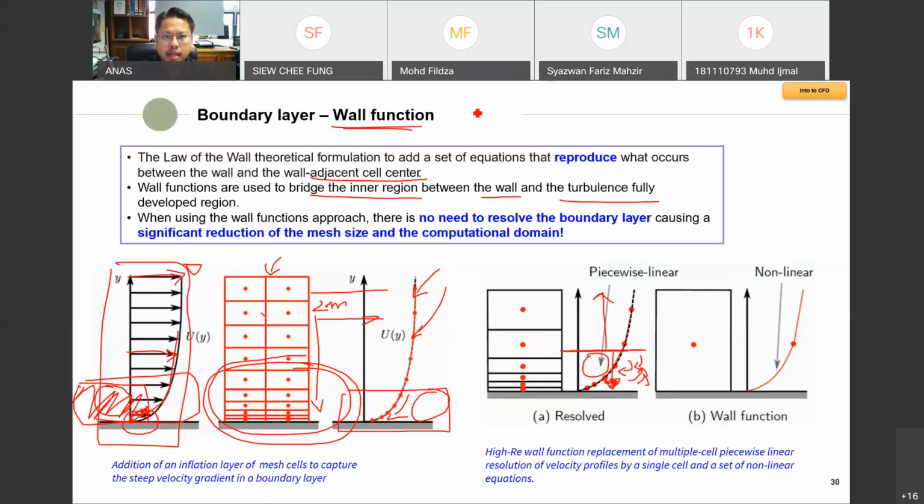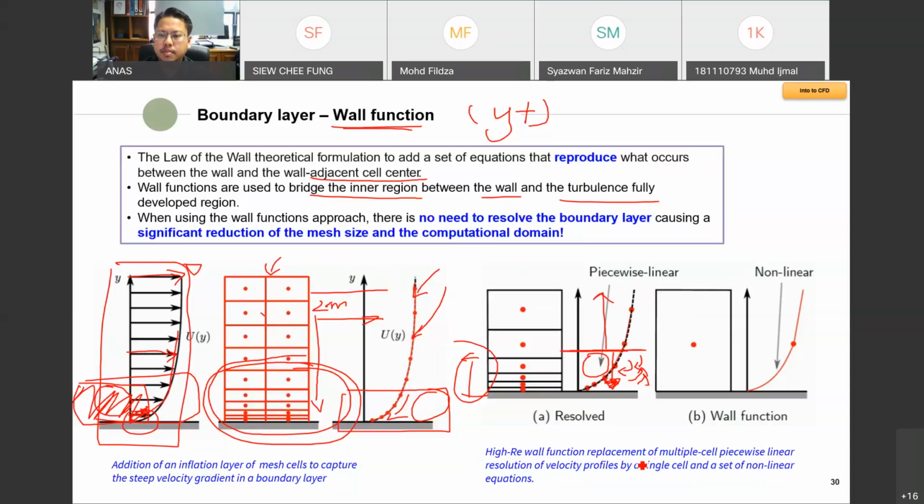The wall function is usually signified by this symbol, y plus. It is an artificial value that is introduced to compensate for the need of a refined mesh over here.